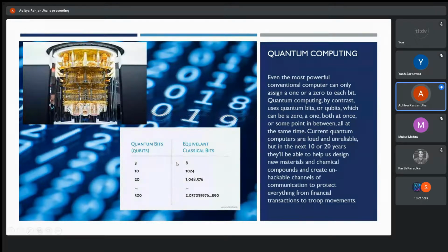Now talking about qubits, I should tell you what the basis of quantum computing is. As we know, in binary encoding, any supercomputer that we know or that is coming is still going to represent each data as a combination of two binary digits, 0 and 1.